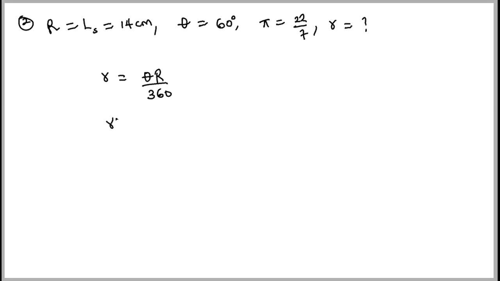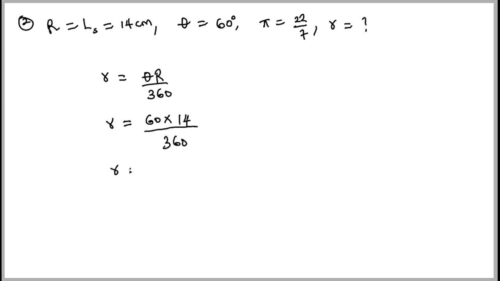So my small r here is now equal to theta, the angle, that is 60, times big R, the radius of the sector, which still means the slant height of the cone. So this is 14 all over 360.